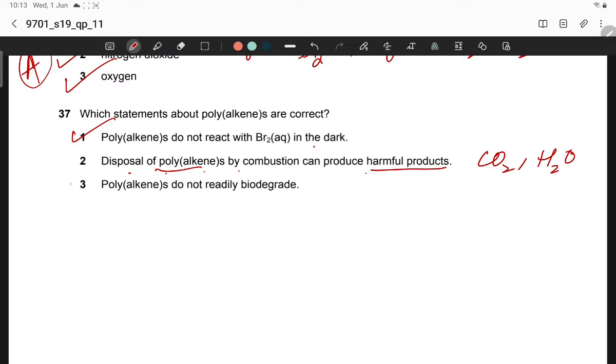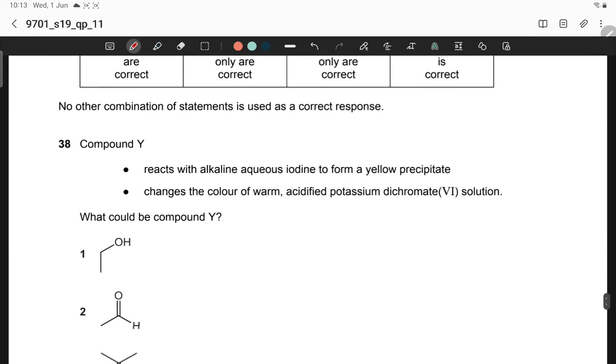So this is also correct. Polyalkenes are not readily biodegradable. Yes, this is also correct because this is a synthetic polymer, so it is non-biodegradable. So 1, 2, 3 are correct. The option is A.